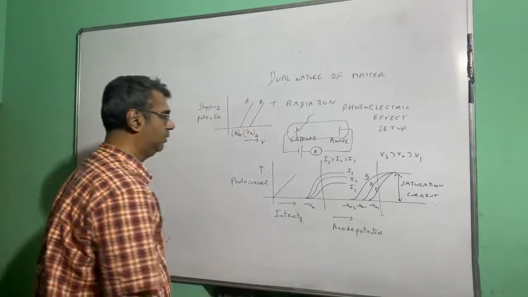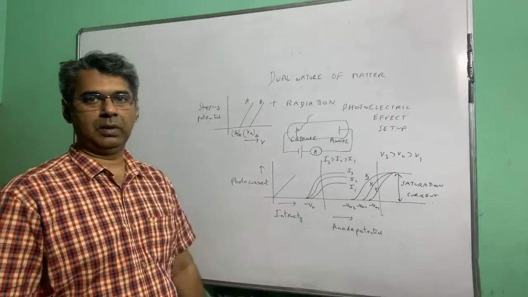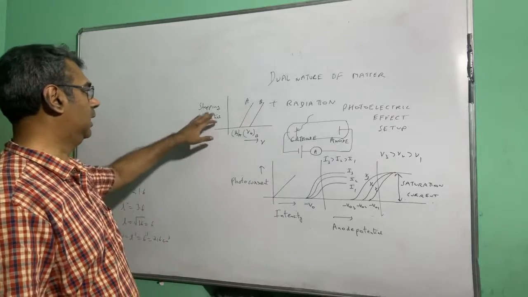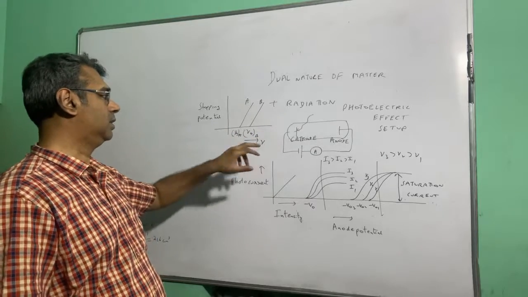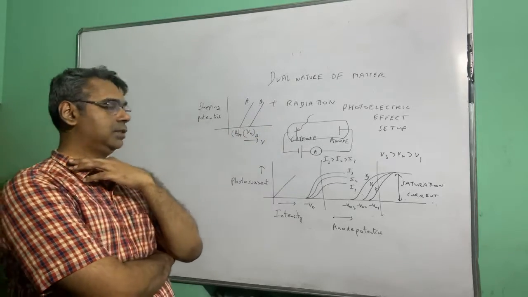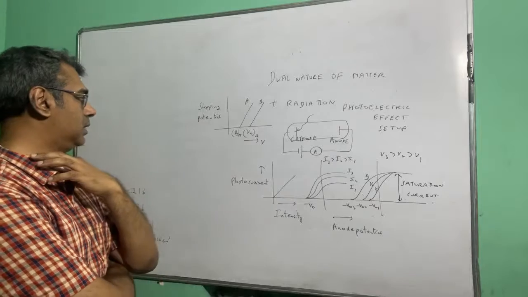Finally there is one more graph, this one. In this graph, the y-axis is stopping potential and the x-axis is frequency.